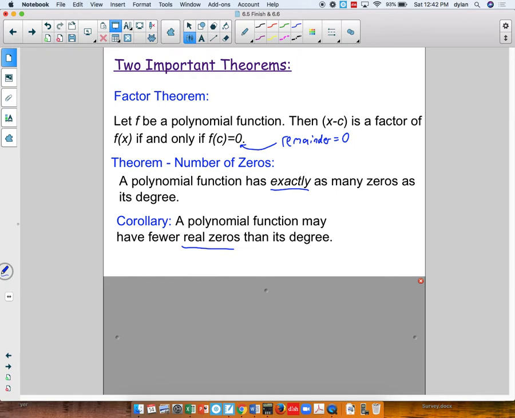Some of them may be imaginary, which we'll see as we continue to work through this chapter. So it's totally possible that you might have fewer real zeros than the degree, but we know for sure that as an upper limit, we cannot have more real zeros than the degree.